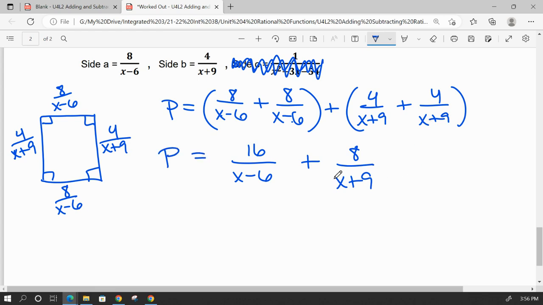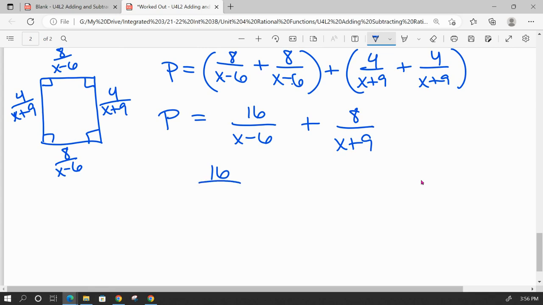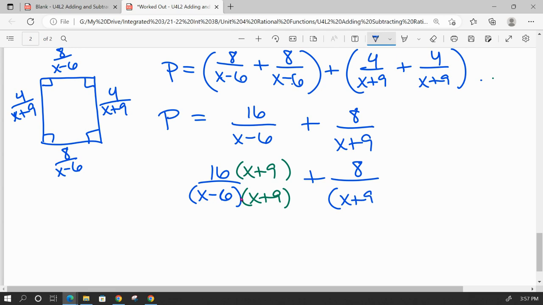Now we have to combine these two fractions. They do not have the same denominator, so we have to get the denominators to be the same. If this denominator has a factor of x minus 6, we need to multiply it by the other denominator, x plus 9. If this denominator already has x plus 9, then we need to multiply it by the other denominator, x minus 6.